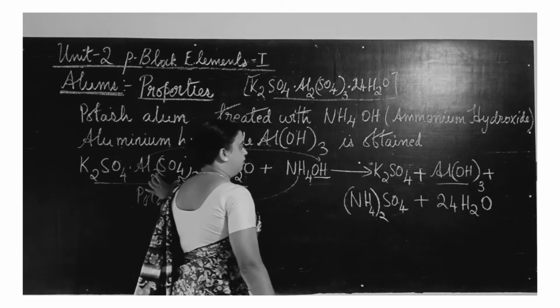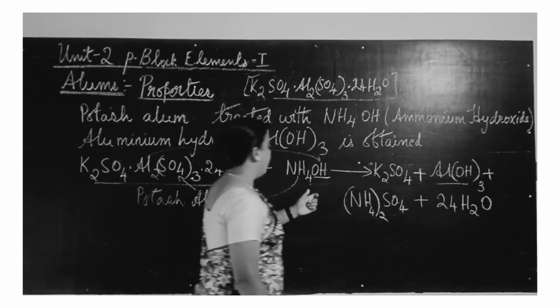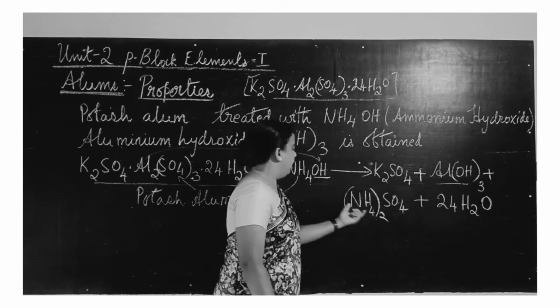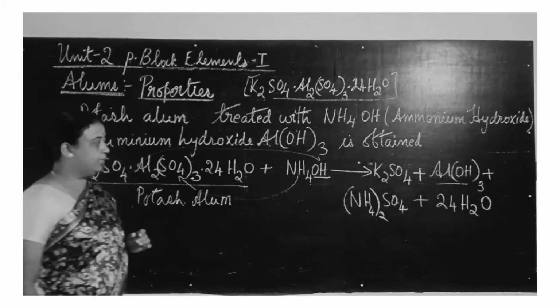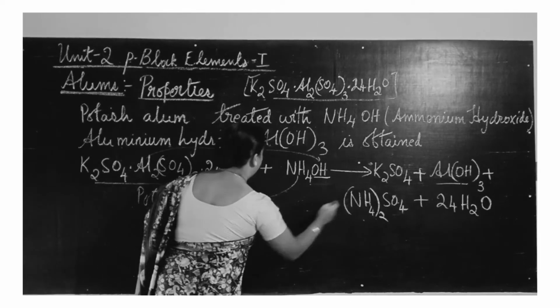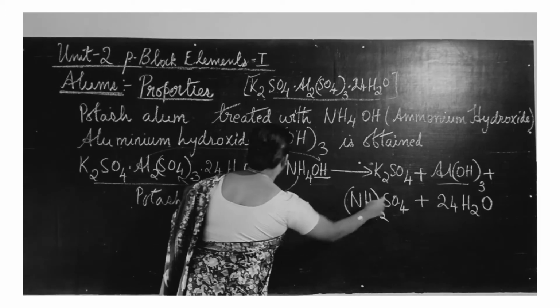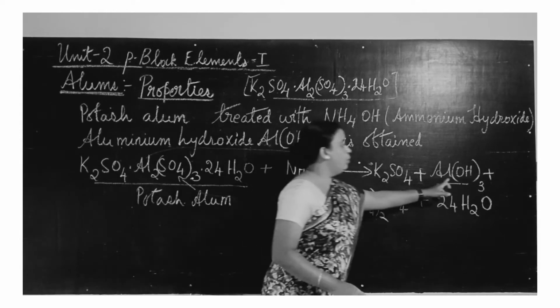All the aluminium sulfate is getting converted into aluminium hydroxide and ammonium sulfate. So here sulfate combines with NH4 and forms (NH4)2SO4, and aluminium Al combines with OH and forms Al(OH)3.